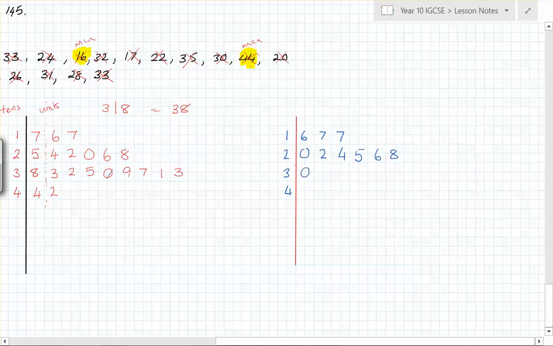I might have to cross off 0, 1, 2, 2 3s, 3 and 3, 3 and 3, then 5, 7, 8, 9, and then finally, nice and easy, 2 and 4. Okay? So now I've got a stem and leaf diagram in order. And the important thing is, again, that each set of numbers is lined up.